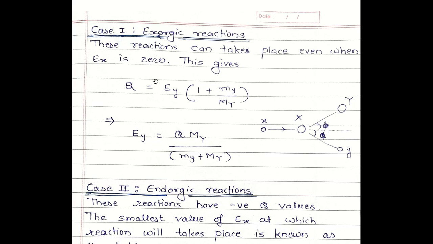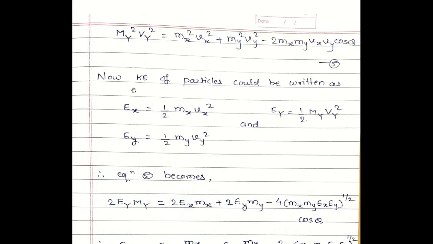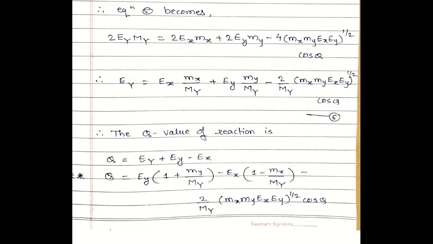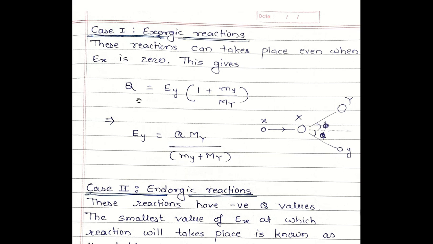So in this case, substituting Ex equal to 0 in this equation, this term becomes 0, this becomes 0, and we will get the expression for Q value of the exergic nuclear reaction to be equal to Ey in bracket 1 plus mass of product particle divided by mass of product nucleus.